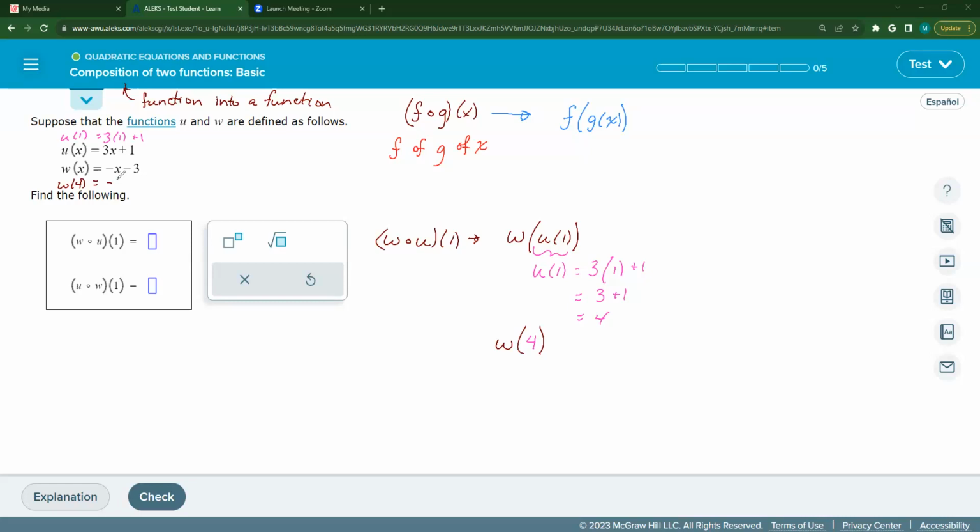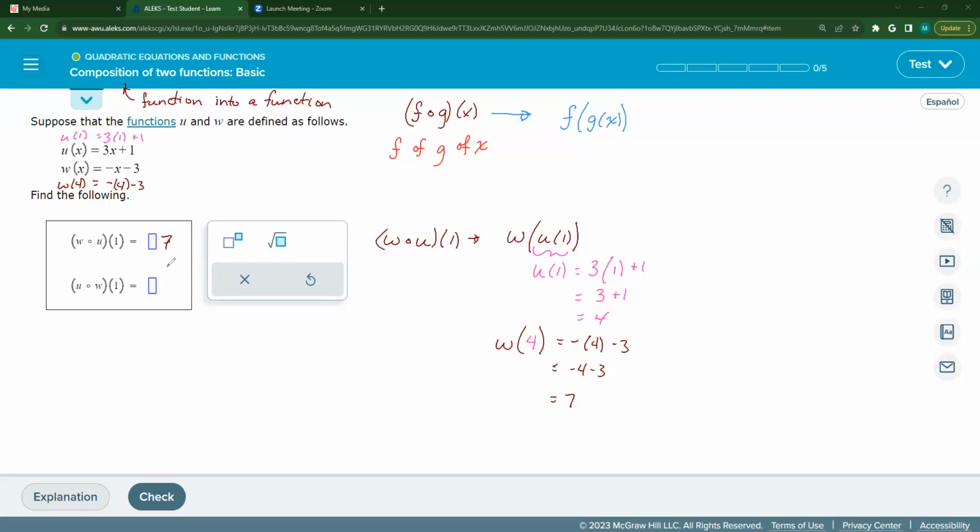I've got a negative sign first, and then I've got my 4, and then I have minus 3. So this is going to be negative 4 minus 3. They're the same sign, so it is negative 7. So I've worked all my way through, so I know the whole thing is just going to be a 7. So this is 7.